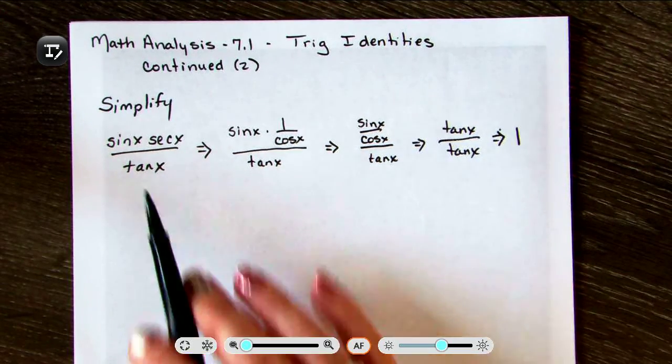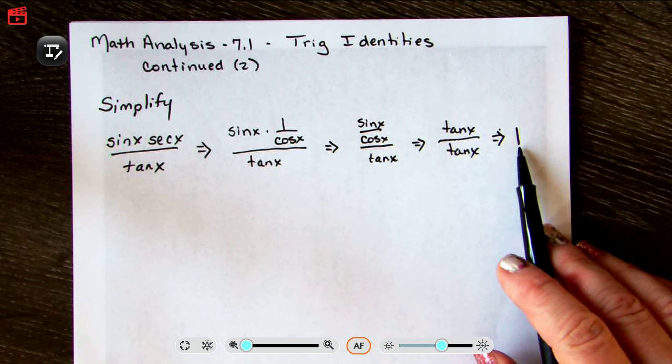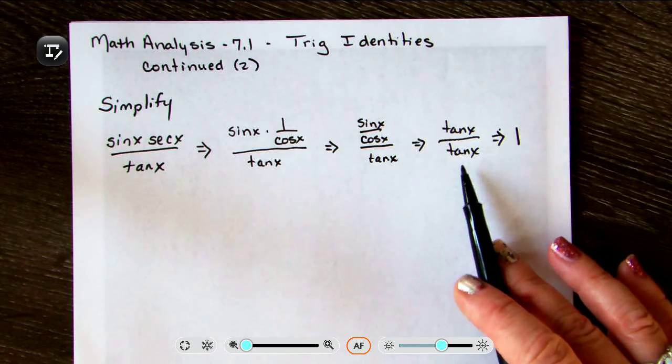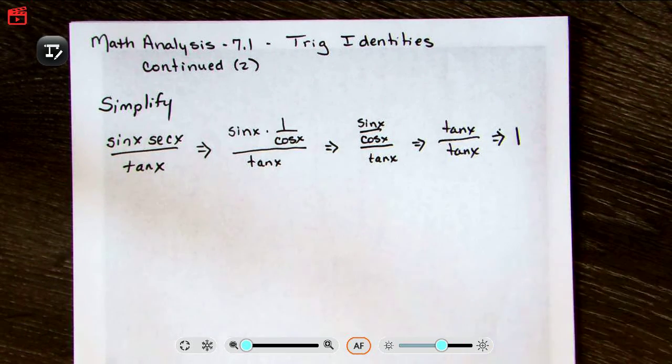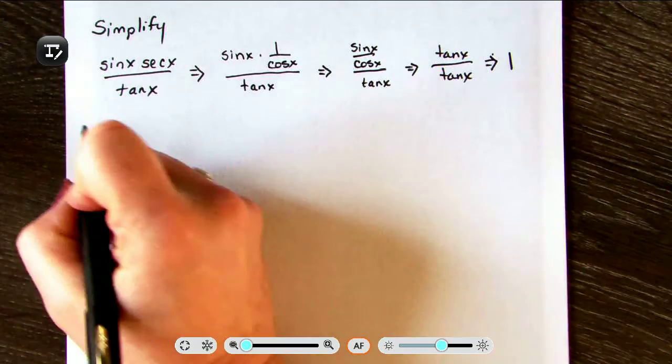It's equal to 1 except where all those tangents are 0, so we'd have a bunch of holes. But we're just working with these right now, and I'm not too concerned about writing all those qualifiers. I'm more concerned with seeing how we can play with these identities.